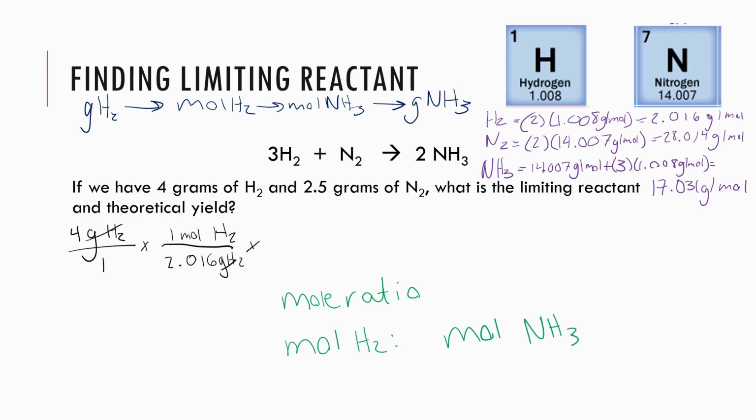We're going to look at our coefficients. So we see 3 and we see 2. So for every 3 moles of H2, we can make 2 moles of NH3. So let's put this in here. We're going to put the moles of H2 on the bottom so they cancel out. And then we're going to put the 2 moles of NH3 on the top.